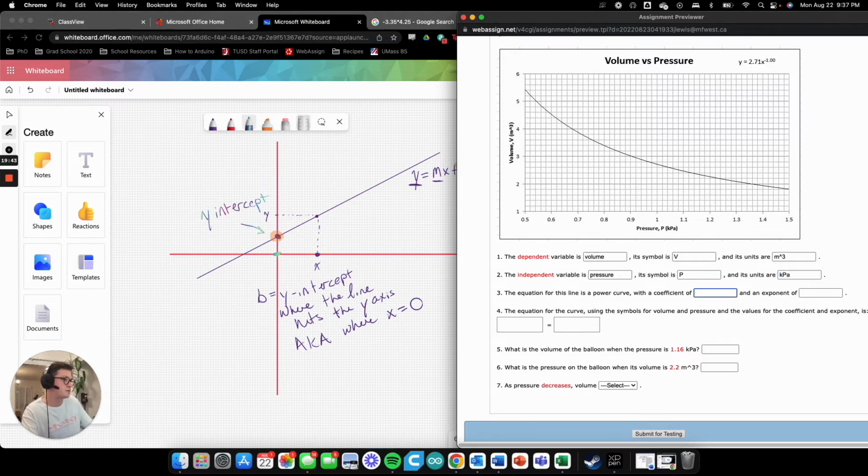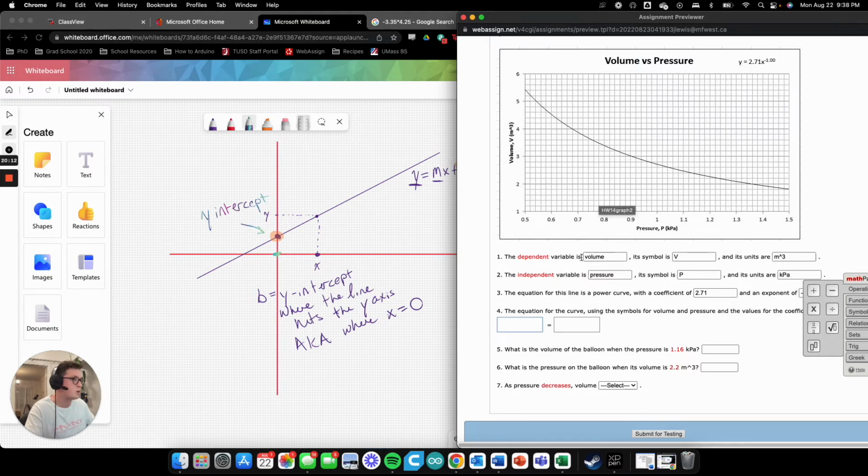The equation for this line is a power curve, with a coefficient of 2.71. A coefficient is the number that goes before a variable. The exponent is negative 1.00. So remember we go y equals mx plus b.